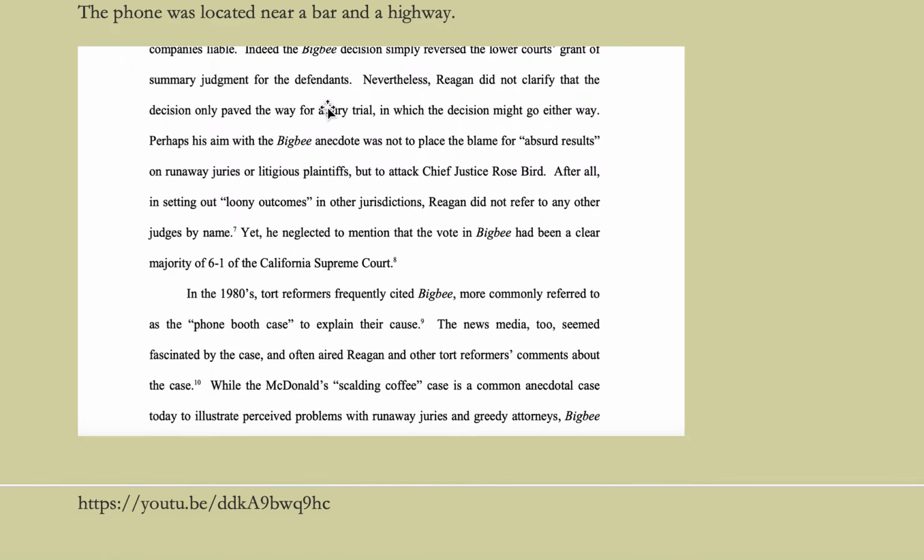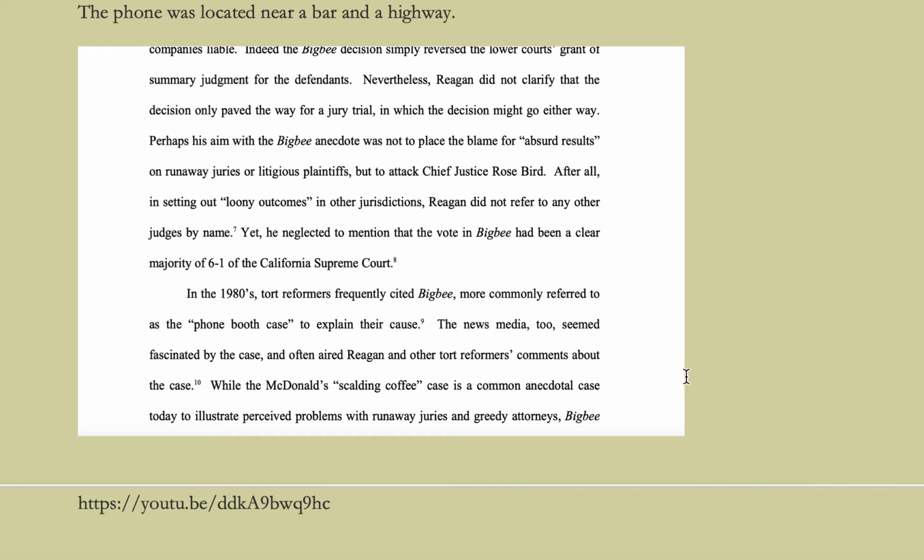Let's see. It says, nevertheless, Reagan did not clarify that the decision only paved the way to a jury trial. The decision can go either way. Perhaps his aim with the Bigbee anecdote was to not place the blame for absurd results. So basically, he's insulting the courts, saying they're having absurd results on runaway juries or litigious plaintiffs, but to attack Chief Justice Rose Bird.